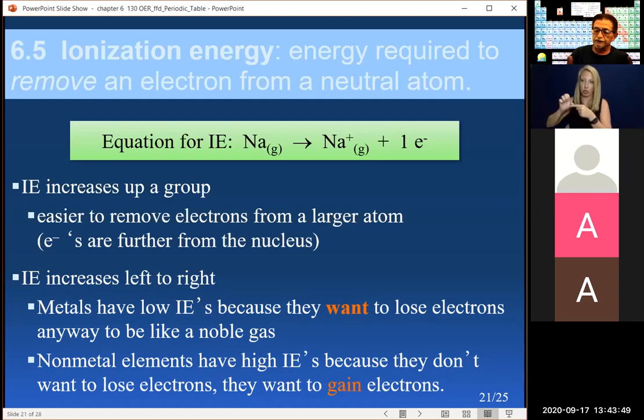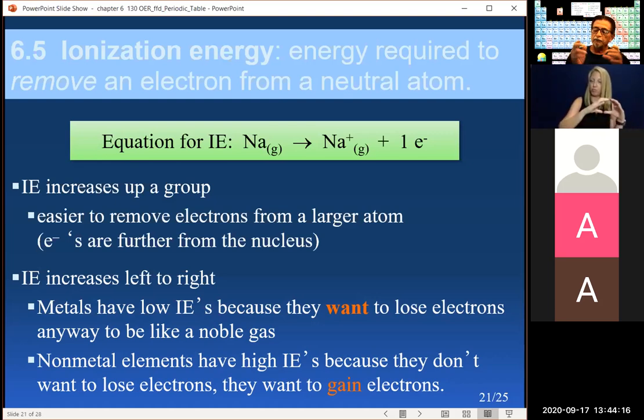The second point is, as we saw with respect to the radius of the atom as we went from left to right, we increase the number of protons, we increase the number of electrons as we go across the periodic table left to right. So those electrons are held down tightly, more tightly than the electrons on the left side.